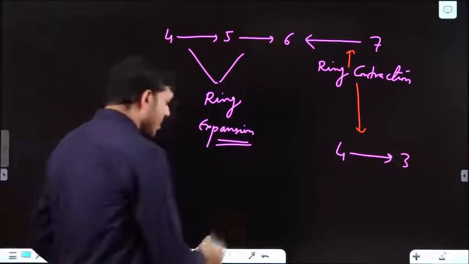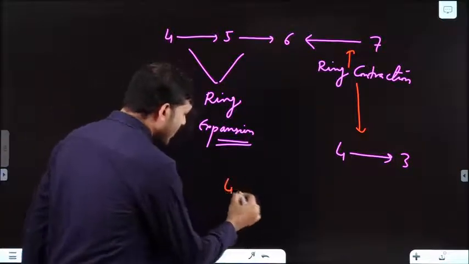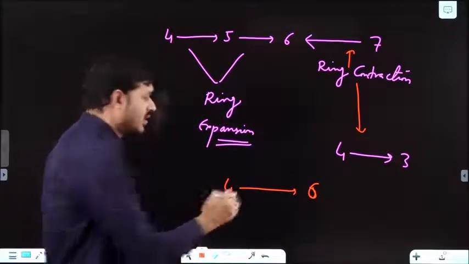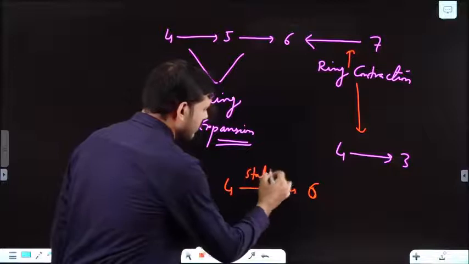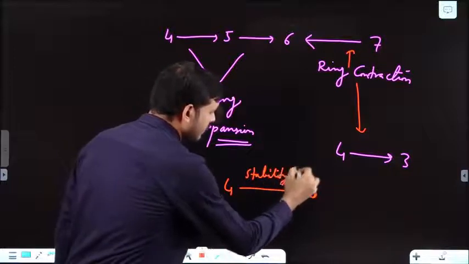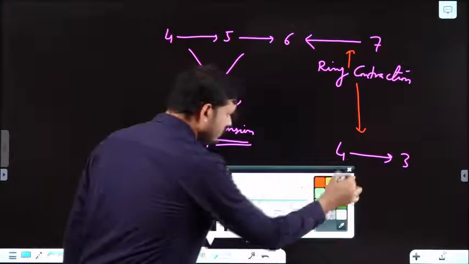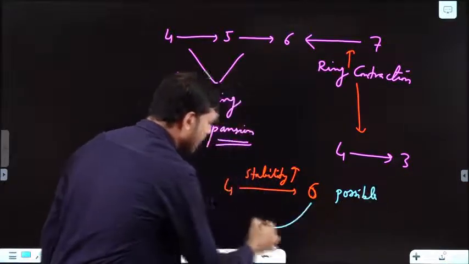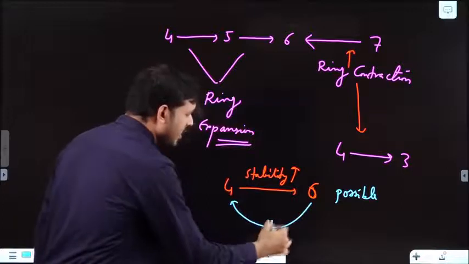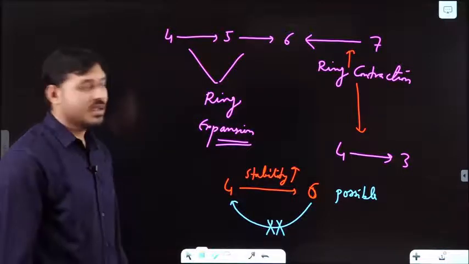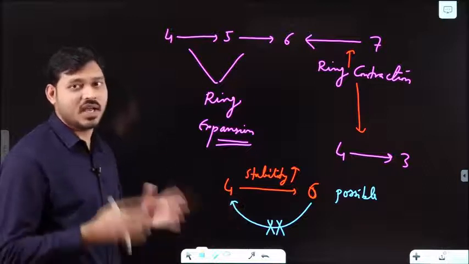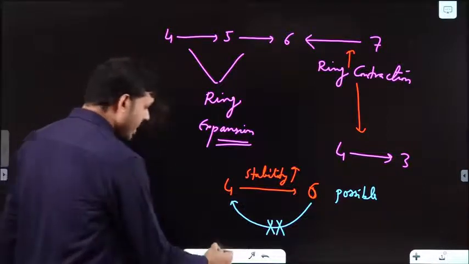Now understand, 4-membered to 6-membered is possible, stability increases. But the reverse, 6-membered to 4-membered, is not at all possible. Why? Because it will become highly unstable due to strain increment. So I think this part is clear to you all.